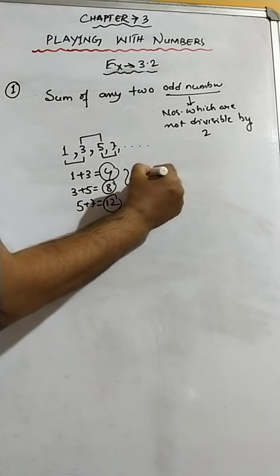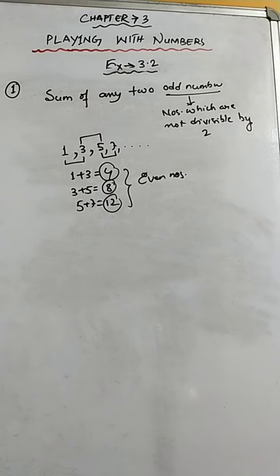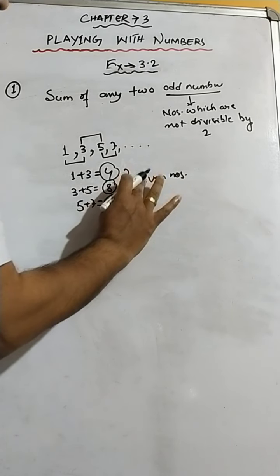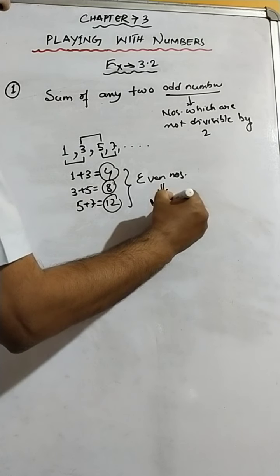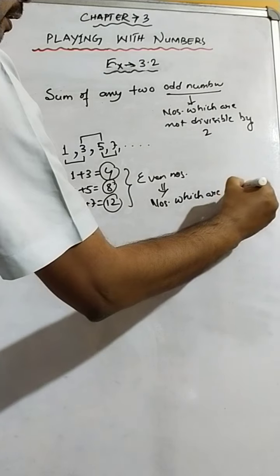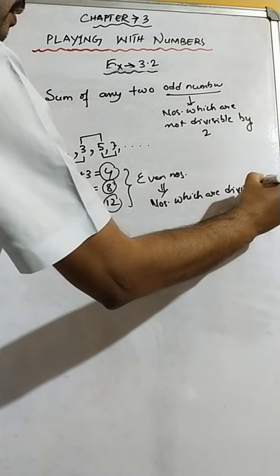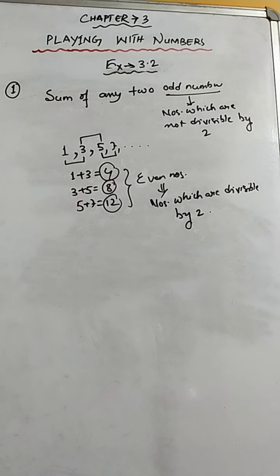So that means we are getting even numbers, isn't it? And what is an even number? The numbers which are divisible by 2. Okay, so what is the observation?